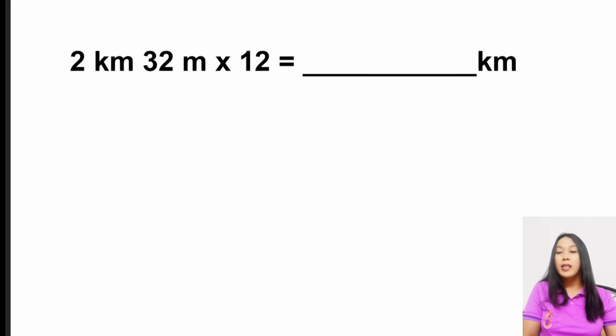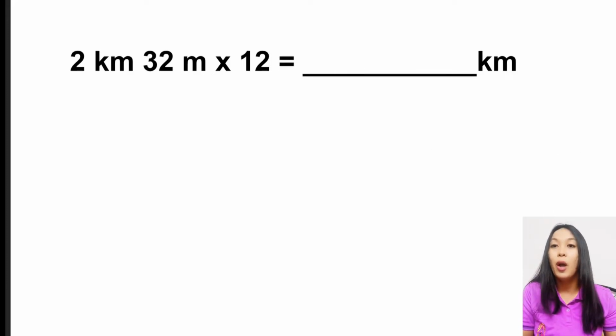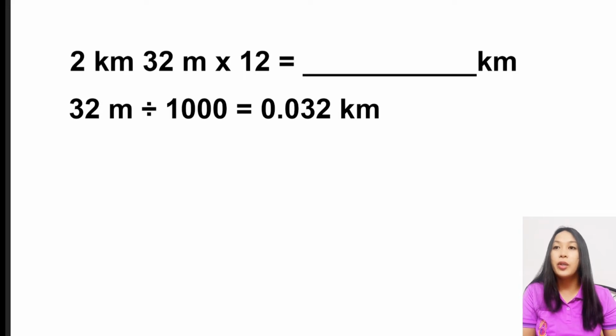Okay, so 2 kilometers and 32 meters multiplied by 12. Now in this case, since 2 is already in kilometer, we have to proceed and convert. Okay, we have to convert first 32 meters into kilometers. In order to do that, we have to divide 32 by 1000. So 32 divided by 1000 is equal to 0.032 kilometers.